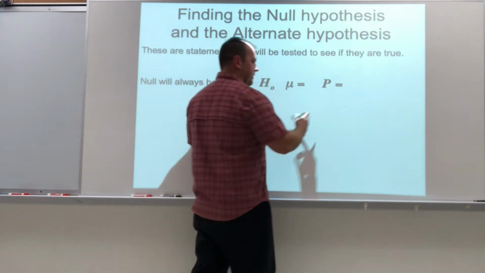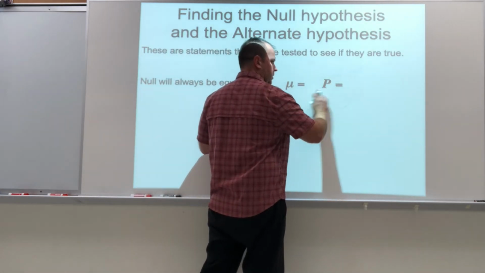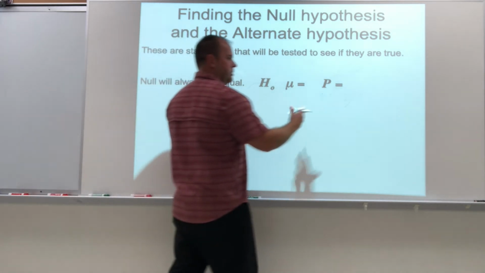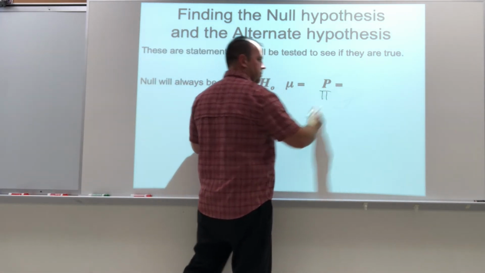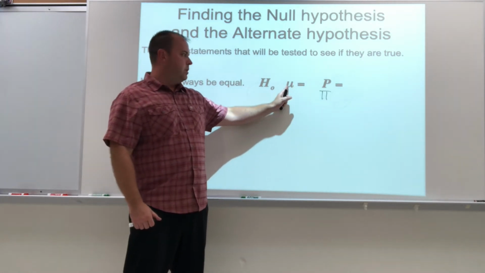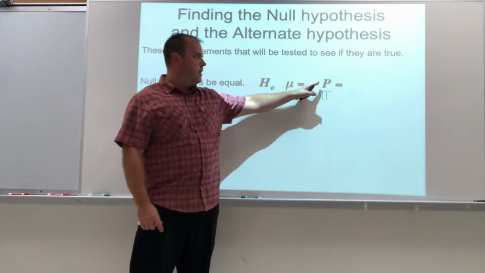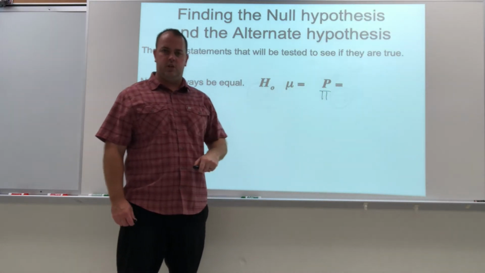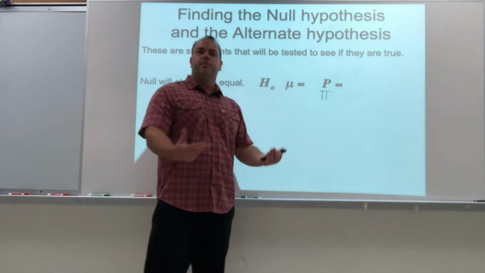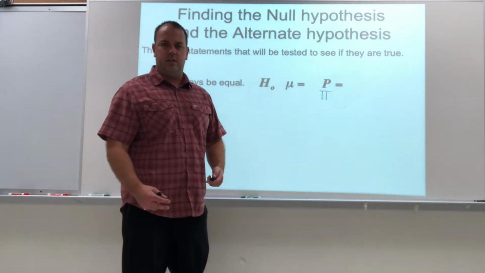Not too often, but sometimes you will see pi as well. These are talking about the population. The mu is the population average. P or pi is the population proportion. And then after those equal signs, you would have whatever value that we're testing.